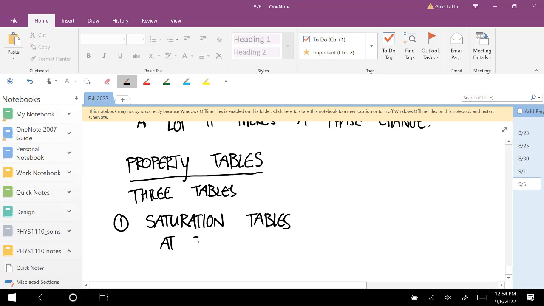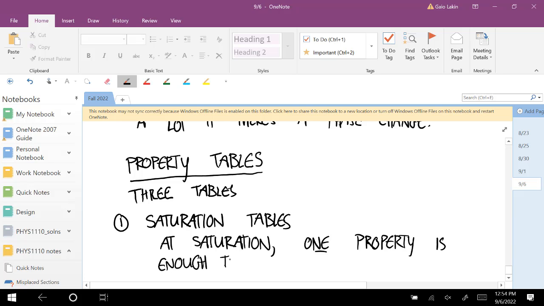At saturation, one property is enough to specify the entire state. Remember I said that in general, for a simple compressible substance, two properties are enough to specify the entire state. But if you're at saturation, it only takes one.